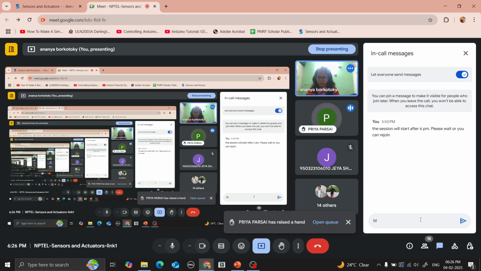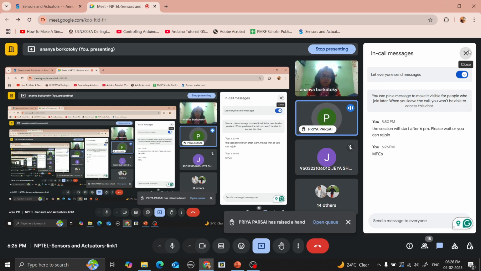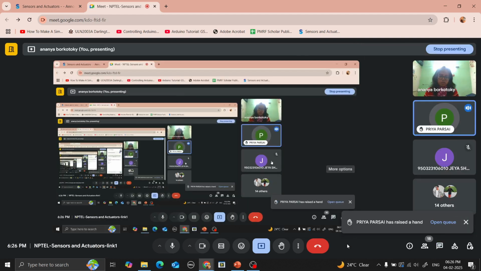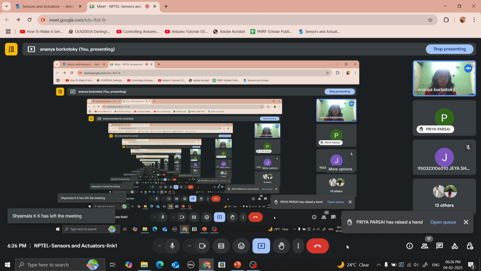Okay. Ma'am, is there any formula, because if my guide asks me how you calculate ppm, suppose we are working on 200 ppm, then she'll ask how you're doing it and how you're calculating it. So is there any formula? See, I cannot tell you a formula directly, but I remember that my MTech supervisor used to tell me that from volume concentration we can tell what the concentration is.